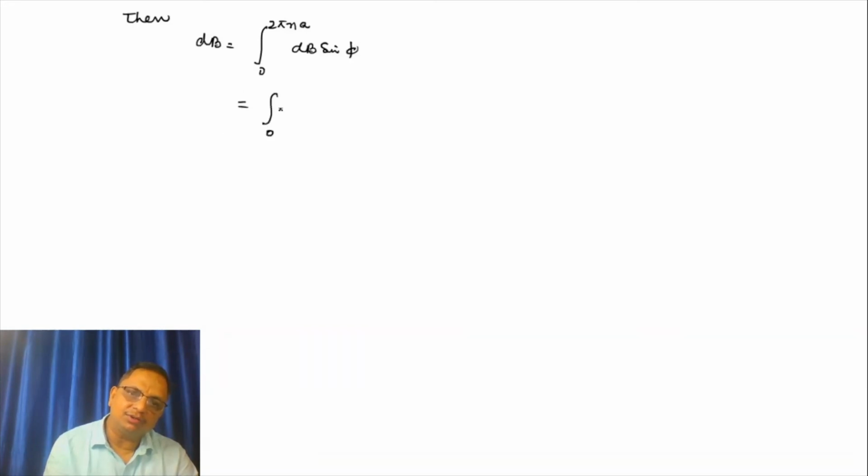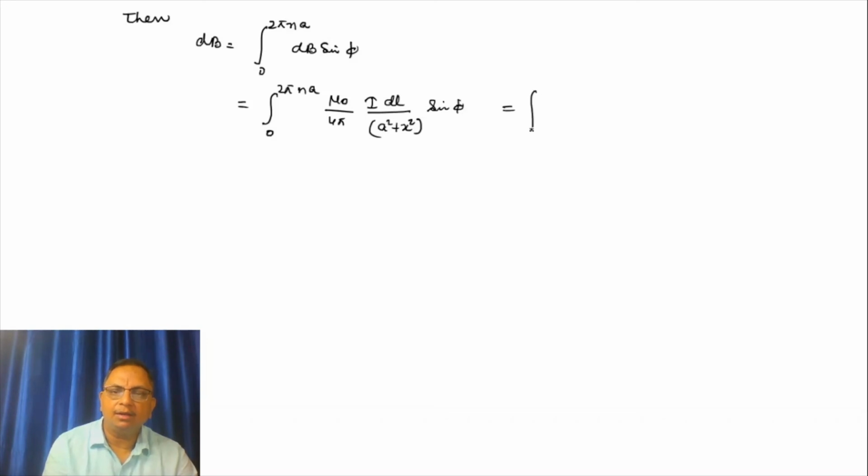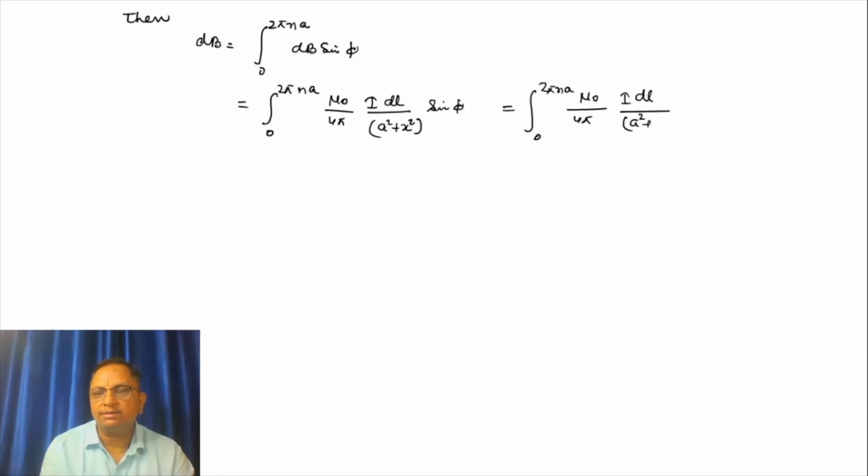We put this value: integral 0 to 2 pi n a of mu 0 over 4 pi I dl over r square, that is a square plus x square, and for sin phi, we write a over under root a square plus x square.